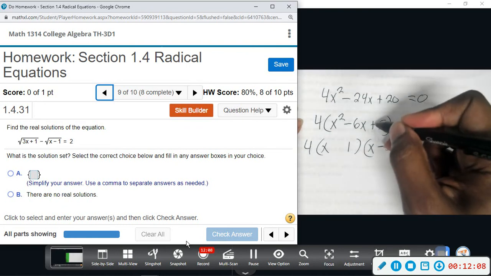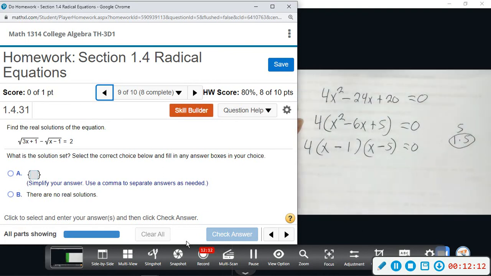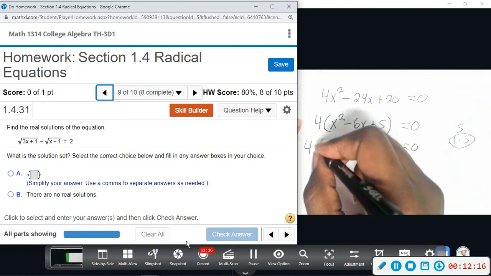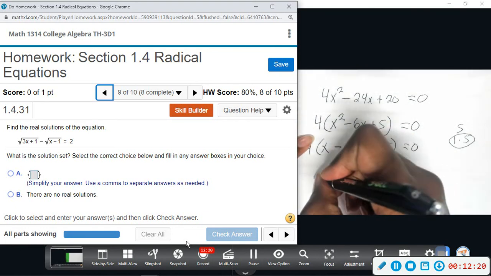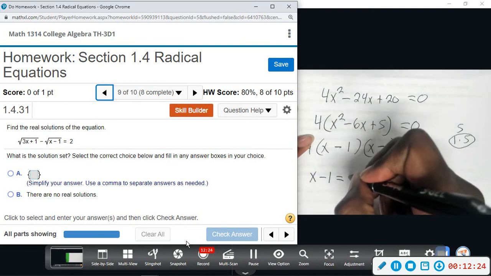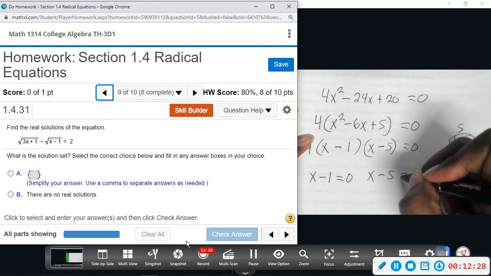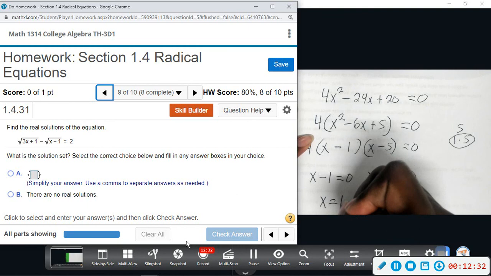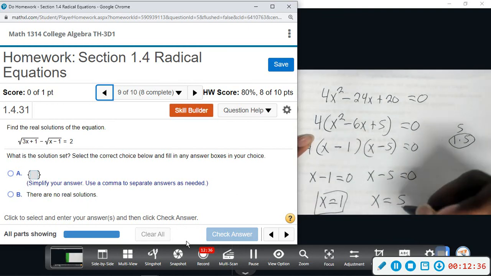The second sign being positive means these are the same, so this will also be negative. And then when I set everything equal to 0, the 4 is not going to be a factor in changing this, so we just have x minus 1 equals 0, and x minus 5 equals 0. And then when we solve this, we get x equals 1 and x equals 5.